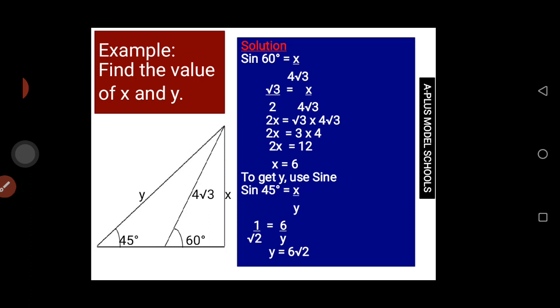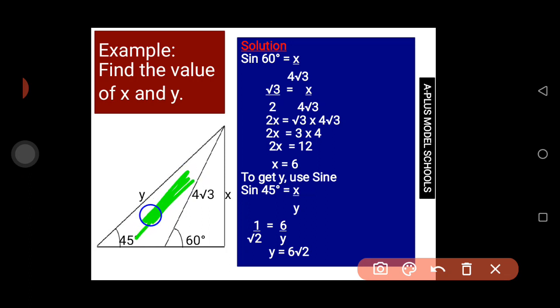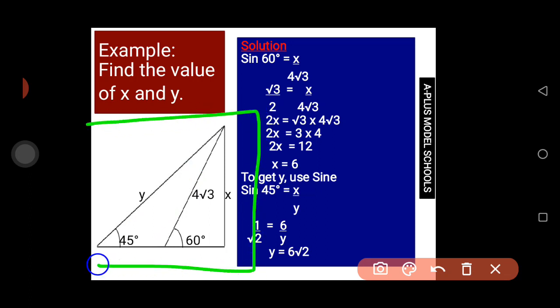So to get the value of your y now, you can take the whole triangle. I cannot use this triangle I'm shading, because this triangle is not a right angled triangle. So the best thing I can use is the whole triangle, since I've gotten this side to be 6 meters.